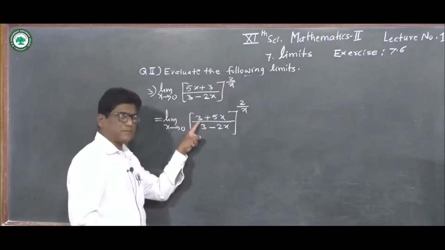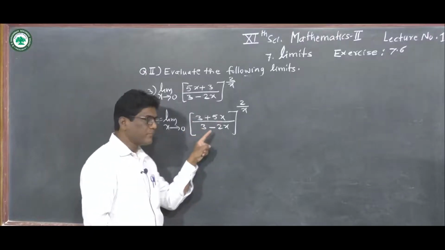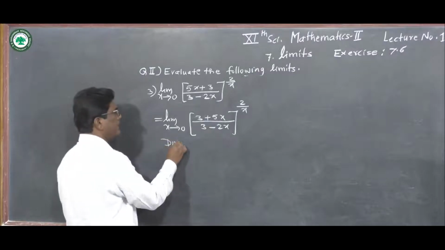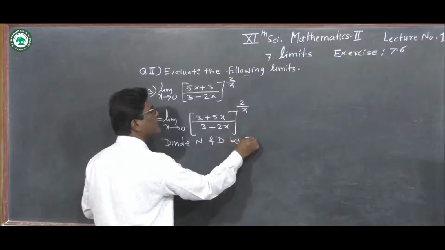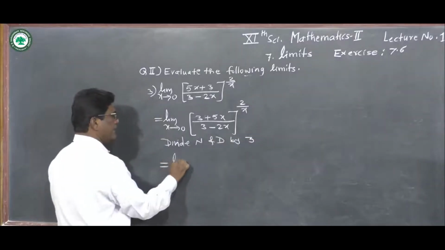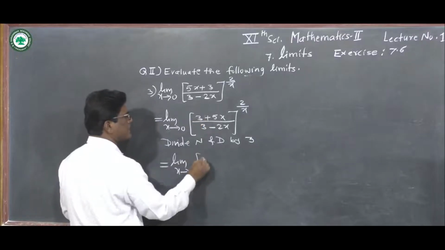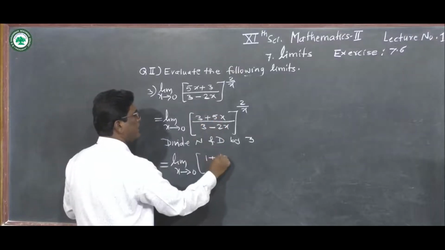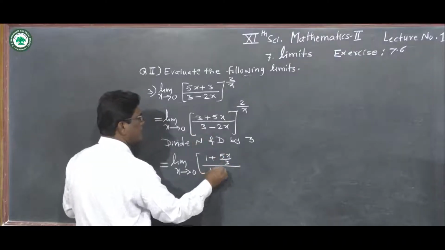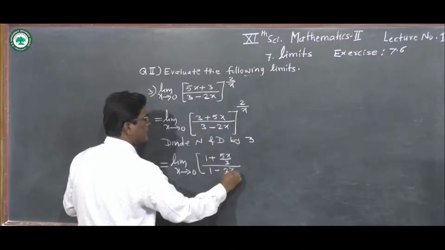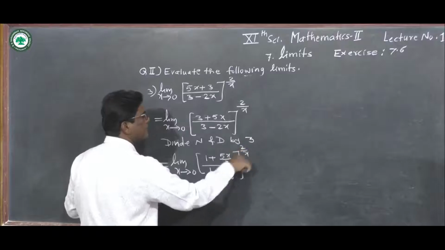Now here we want 1. So divide the numerator and also the denominator by 3. And therefore we get limit as x tends to 0, 3 upon 3, that is 1, plus 5x upon 3, divided by 3 upon 3, 1, minus 2x upon 3, and the power is 2 upon x.